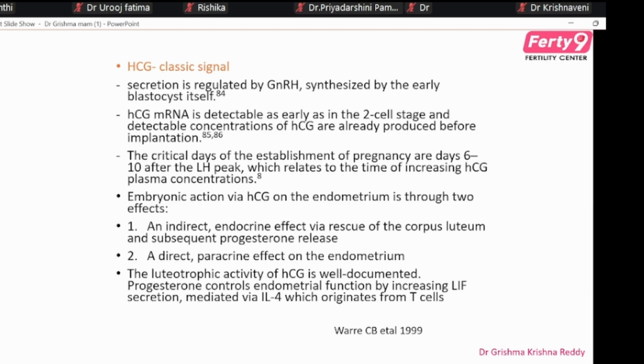So what does this HCG do? Embryonic action via HCG on the endometrium is through indirect effect. So it has an indirect endocrine effect via rescue of the corpus luteum and subsequent progestogen release, and then a direct paracrine effect on the endometrium. And then this luteotropic activity of the HCG, this progestogen controls the endometrial function by increasing leukemia inhibitory factor secretion, which originates from T cells.